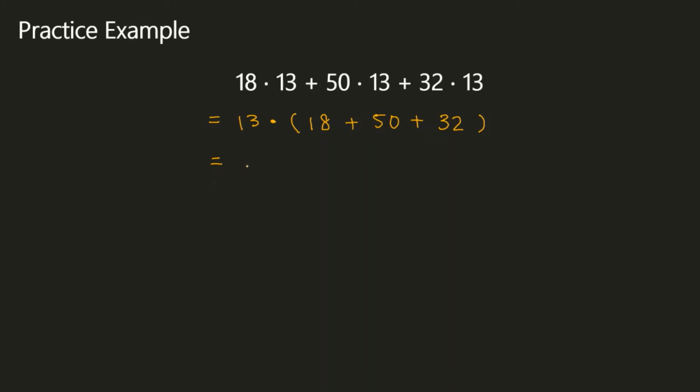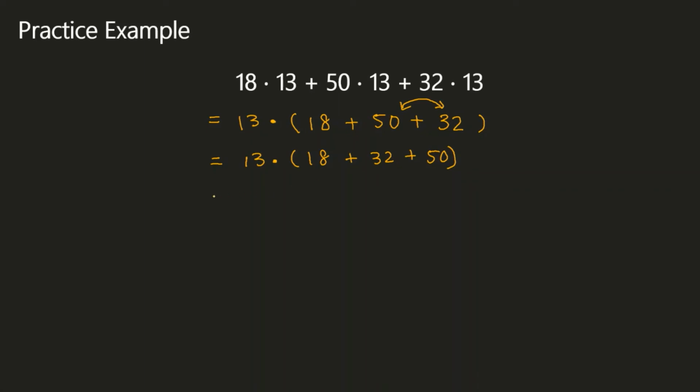Next, now let's use the commutative property of addition from our last lesson to switch the order of 50 and 32. And this becomes 13 times 18 plus 32 plus 50. Okay, so why do we do that? Because 18 plus 32 gives 50.